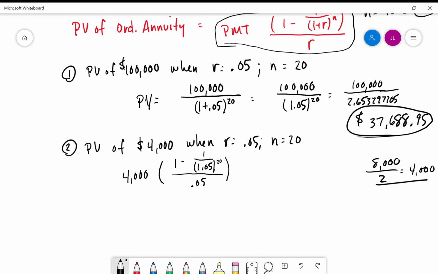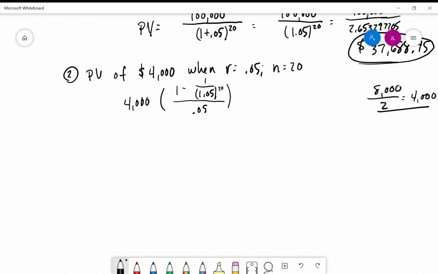So let's look at this first. We're going to work on this 1.05 to the 20th power. We did that earlier. We found out that's 2.6532977.05. So I'm going to scroll up here a little bit and we'll work this in steps.